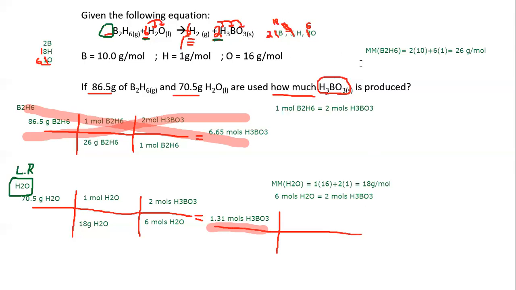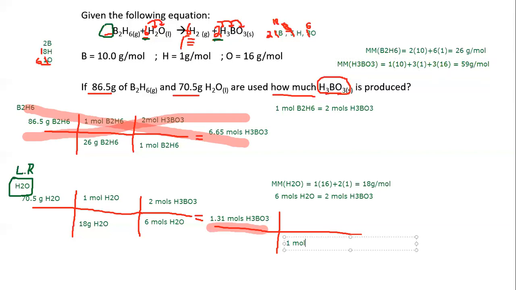So we need the molar mass of H3BO3. We get 59. So now we're going to convert moles to mass.